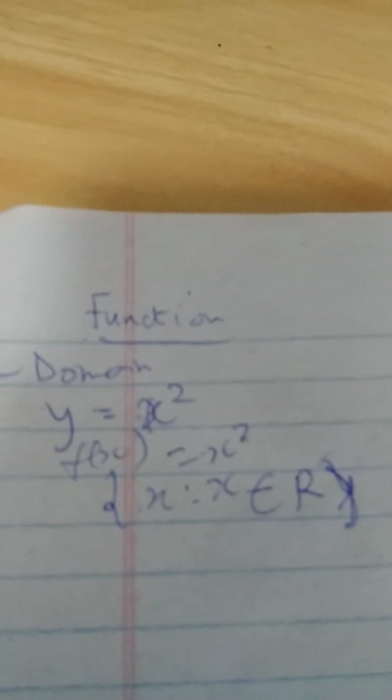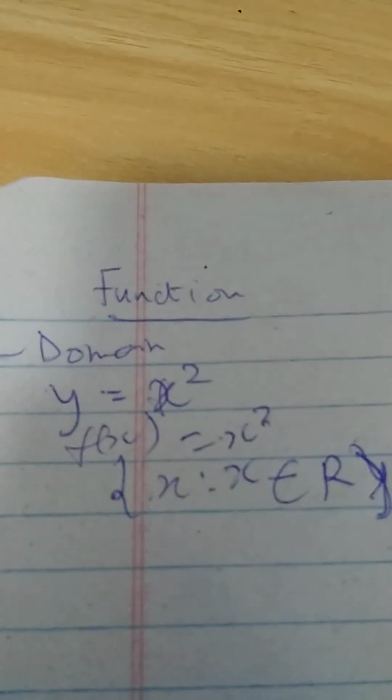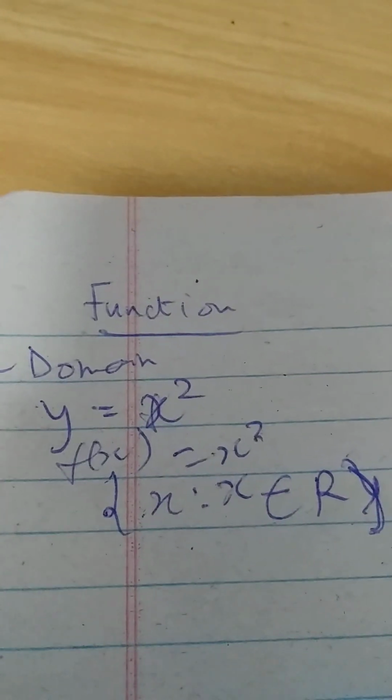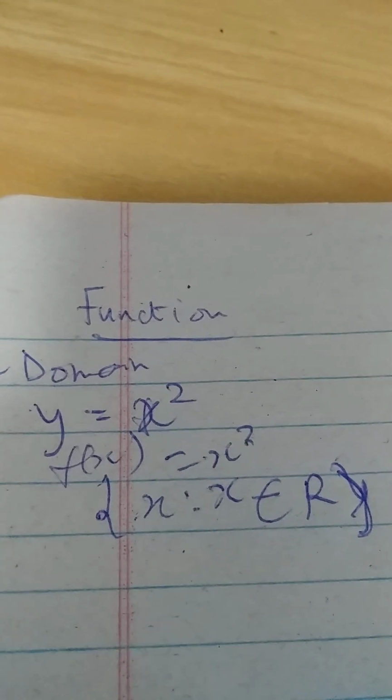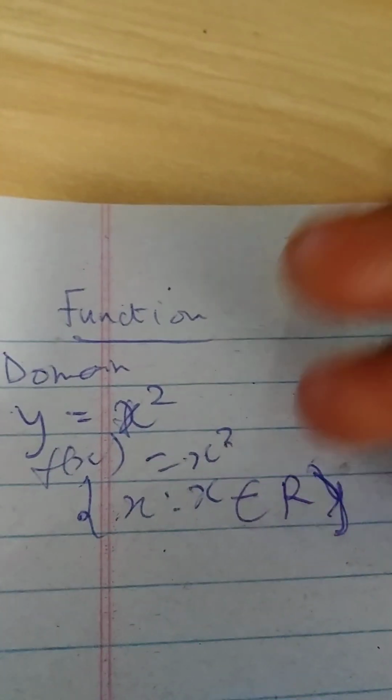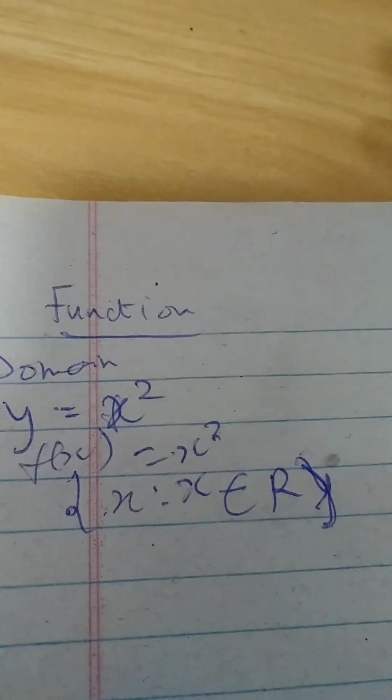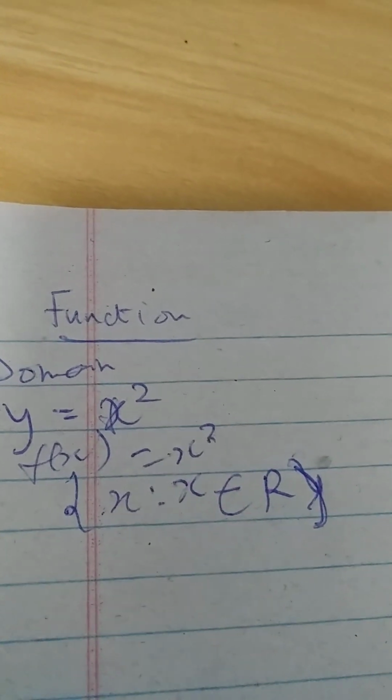Because there is no exception, any value that you put in for x will give an answer. Therefore, the domain of this function is x such that x is a member of all real numbers.